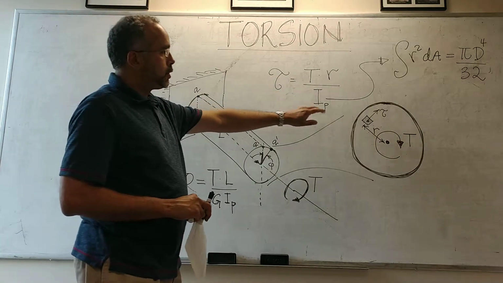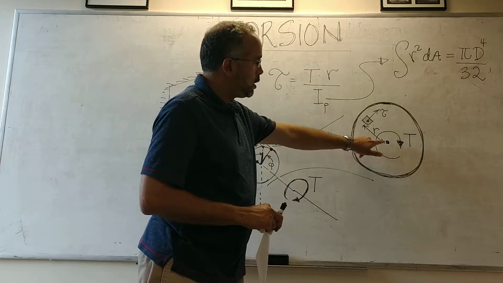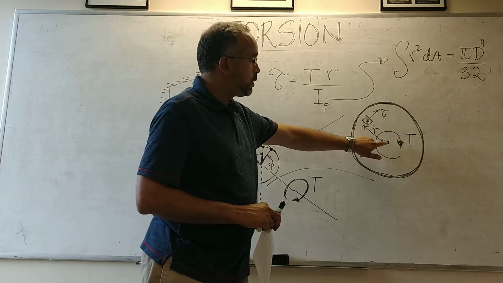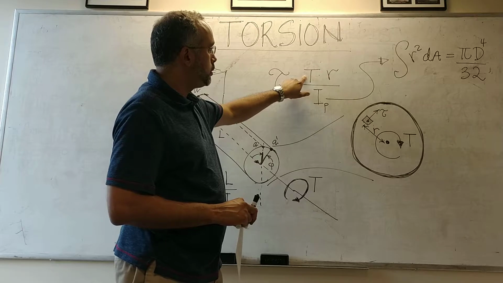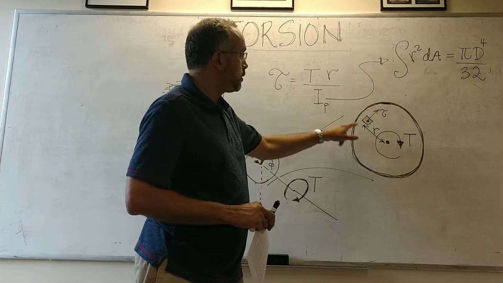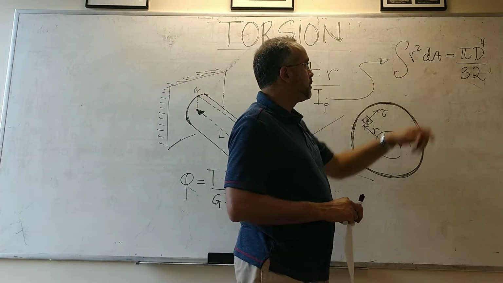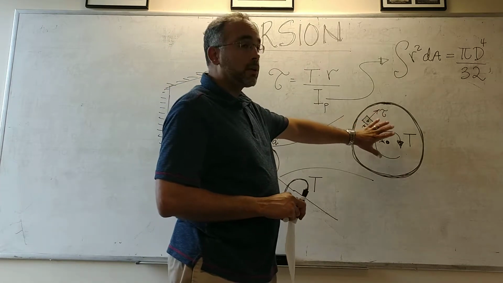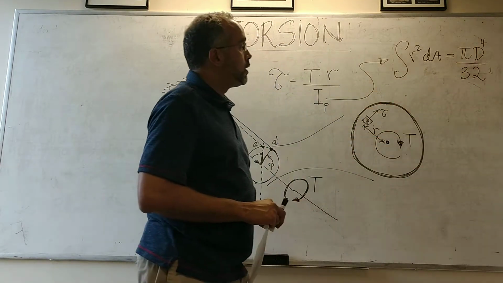The other important result is that the stress at any point located at a distance r from the center of the shaft is going to be the torsional moment times the distance from the center of that point divided by the polar moment of inertia, which is given by the integral of r squared dA, which for circular cross-sections comes out to be pi diameter to the fourth divided by 32.